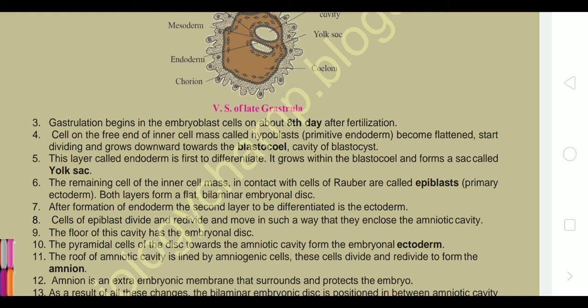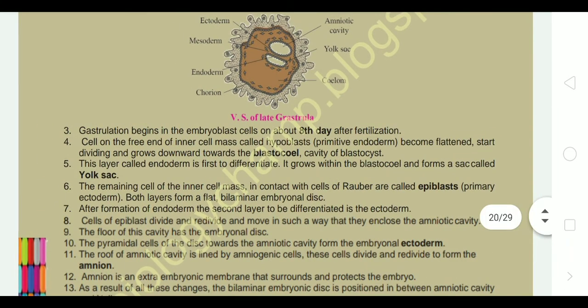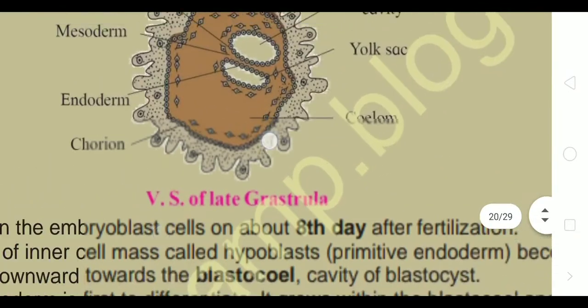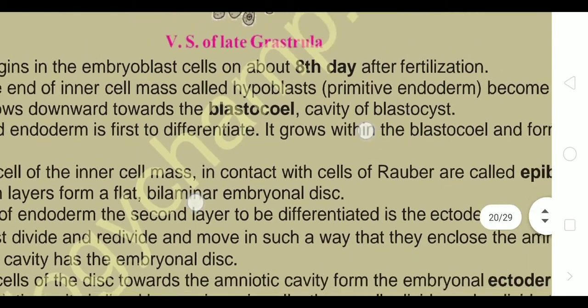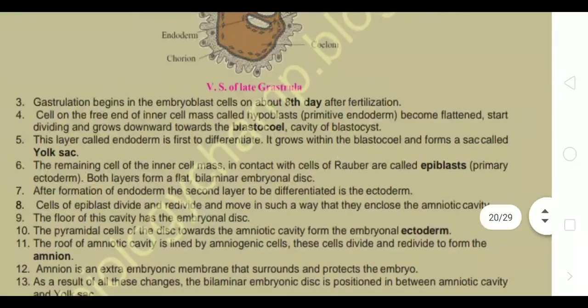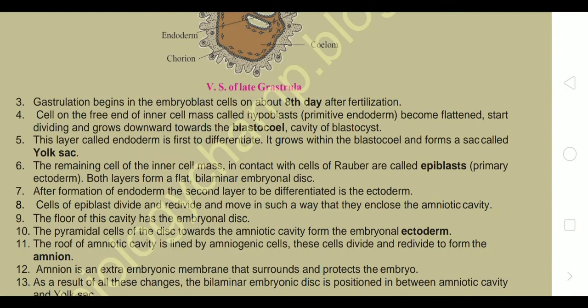The roof of the amniotic cavity is lined by cells of the epiblast that divide and redivide. So this epiblast can be termed as primary ectoderm, and the floor of this cavity has the embryonal disc.